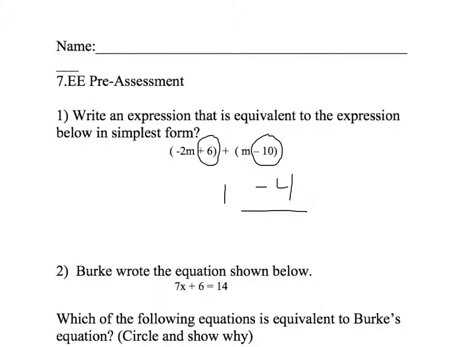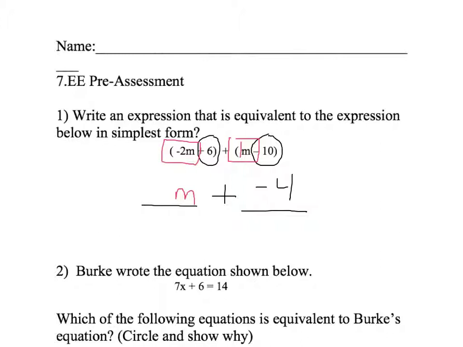And then you're going to add that to what you get when you combine the two terms. The two terms here are m and negative 2m. So now you're going to try and combine those two. They both have an m, so you write an m. And there is an imaginary 1 in front of any variable that doesn't have a number in front of it.